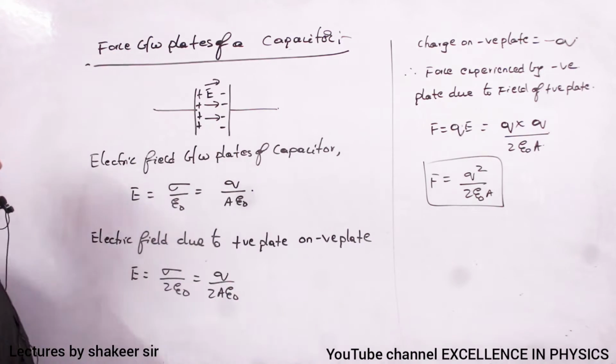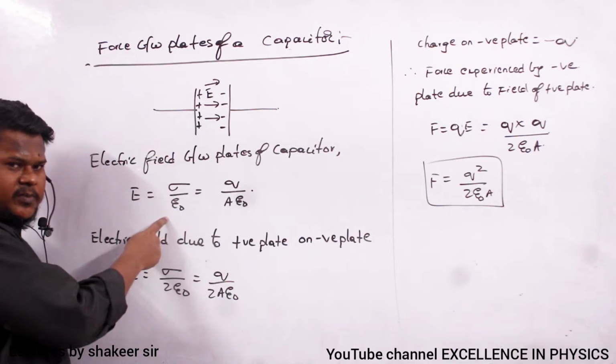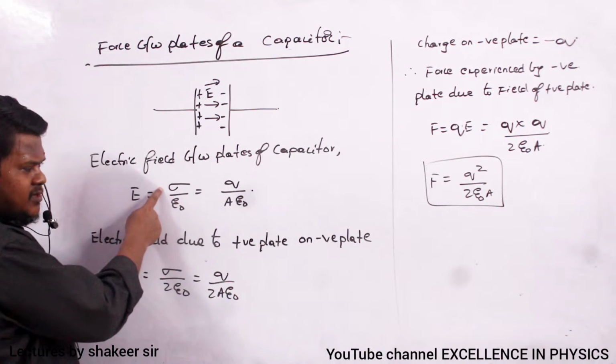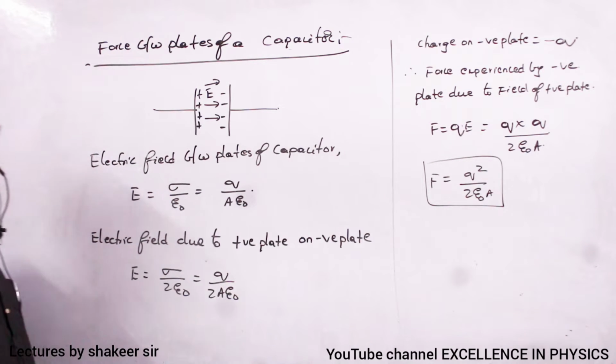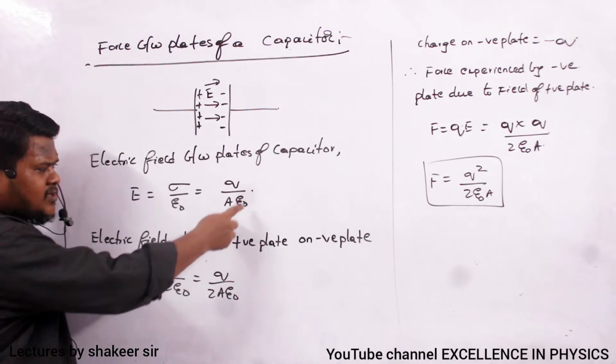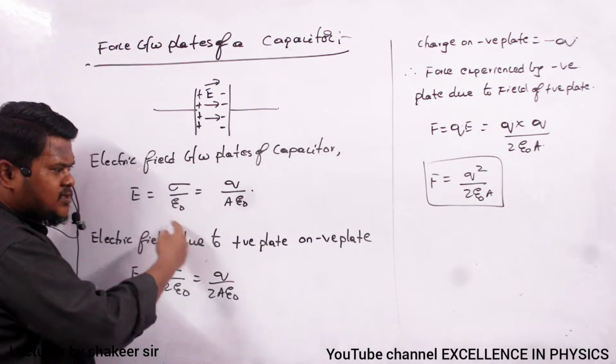Now see, the electric field between the plates of a capacitor we have already calculated as sigma by epsilon naught. Sigma is the surface charge density, charge per unit area. Do you remember how I got this total field?